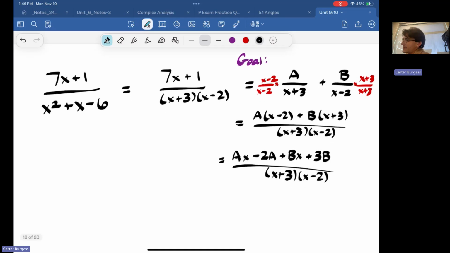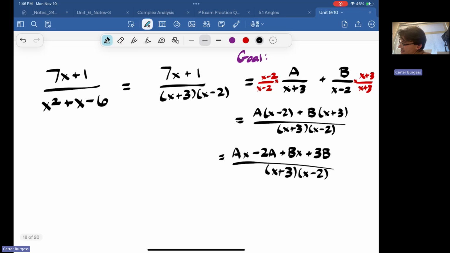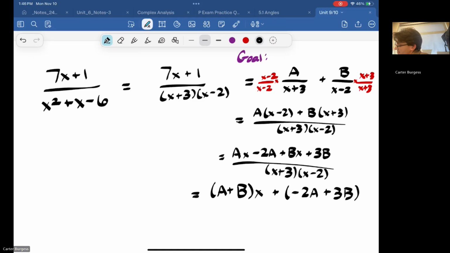In this case, I'm going to write this as a plus b times x plus negative 2a plus 3b over our denominator.